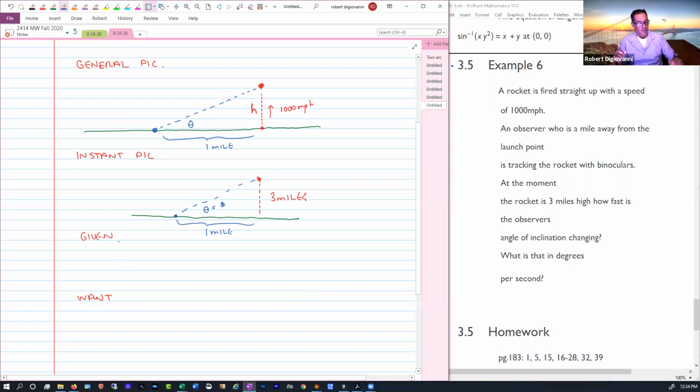So this h is the thing that's changing at 1,000 miles per hour. When I write down what I'm given, I'm going to say the change in h with respect to time, dh/dt, is equal to 1,000 miles per hour. Would y'all agree with that? I'm given how fast h is changing, because that's the rocket. What else am I given?